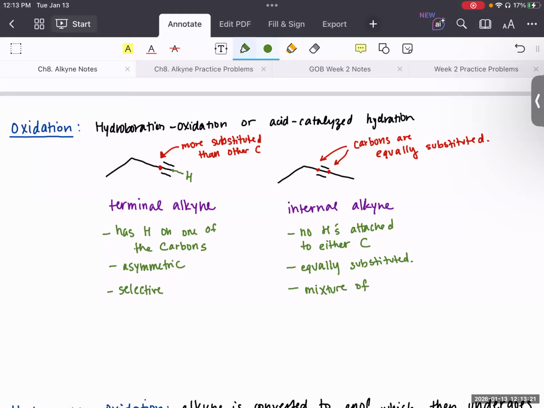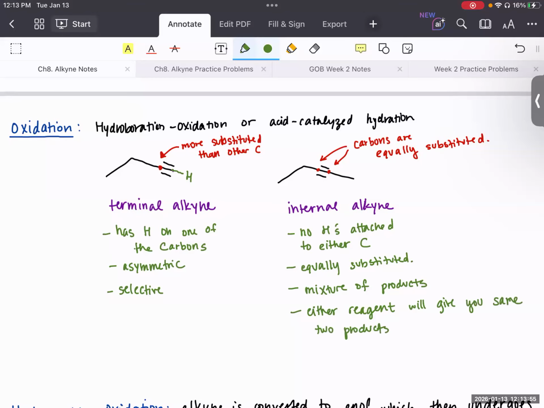The key difference between hydroboration oxidation and acid-catalyzed hydration is that we will get a different selective product for the terminal alkyne, but we will get the same mixture of products for the internal alkyne. For the internal alkyne, either of the reagents will give you the same two products. I'll show what those look like next.